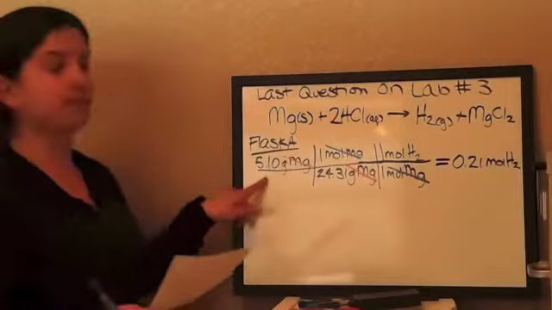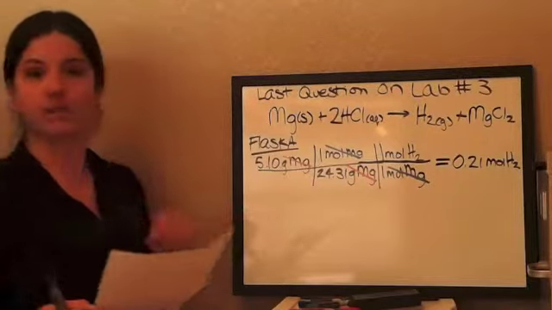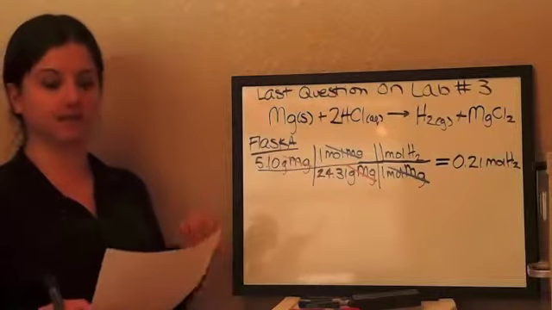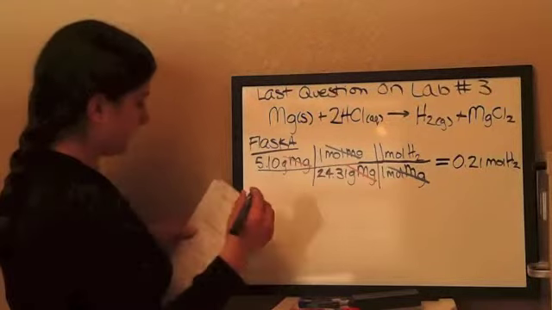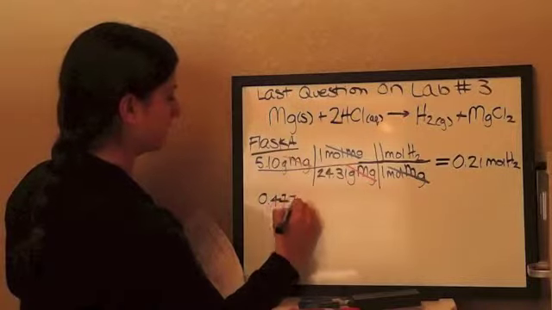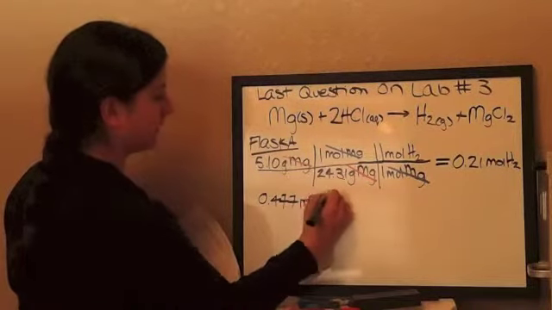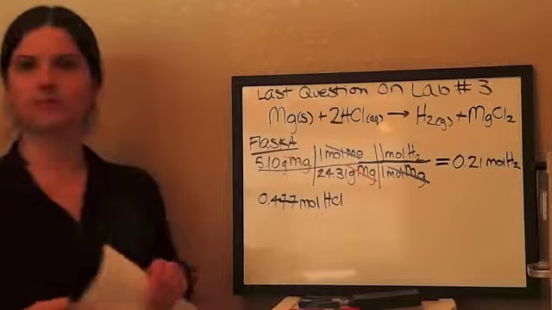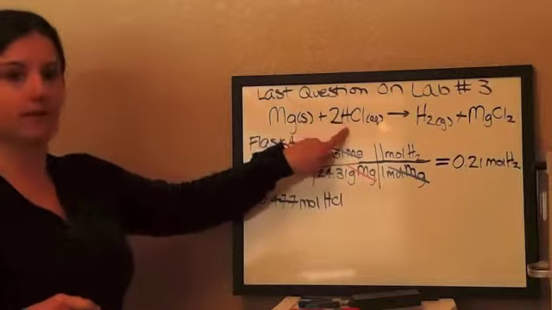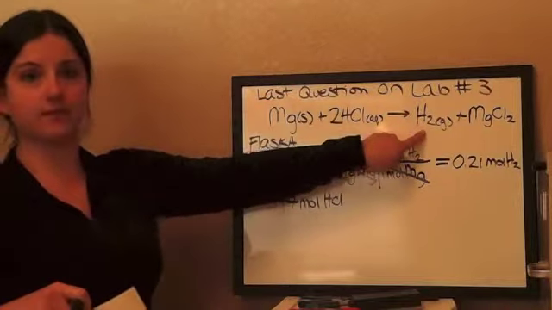We were given this much magnesium. Let's figure out how much hydrogen we get with the hydrochloric acid to see which one of these is limiting. For the hydrochloric acid, we were given 0.477 moles of hydrochloric acid. Again, we can use this equation up here to convert between moles of hydrochloric acid and moles of hydrogen gas.